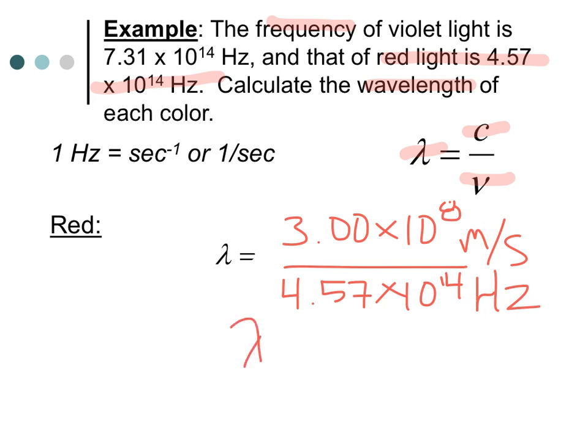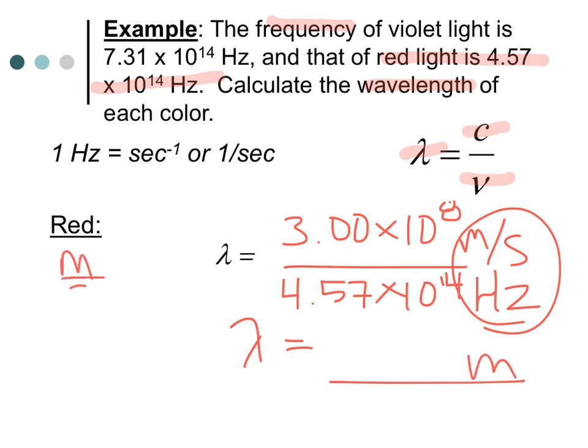First question, what will be the unit for my final answer? It would be meters. The meters per second has the second canceling out because the hertz was the same thing as an inverse second. So that second ends up canceling out when you do the reciprocal, and so you just have meters for that final answer.